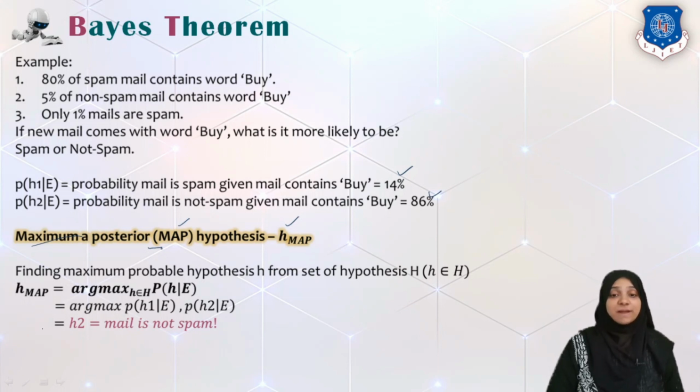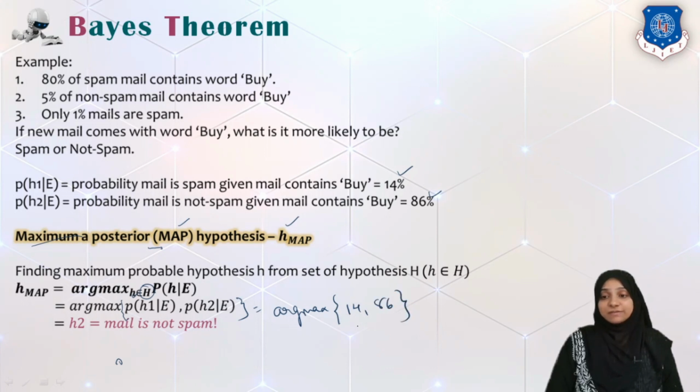H MAP is given as the argmax over all hypotheses in the hypothesis space of the probability of H given E. So it is the argmax of the probability of H1 given E and the probability of H2 given E, that is, argmax of 14 and 86, where this is for H1 and this is for H2.